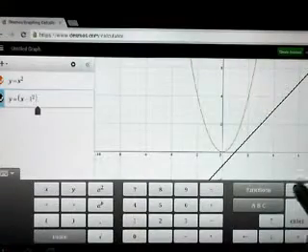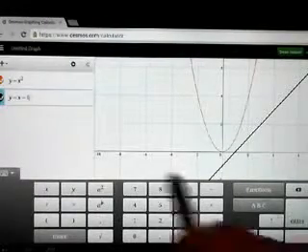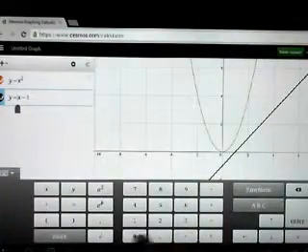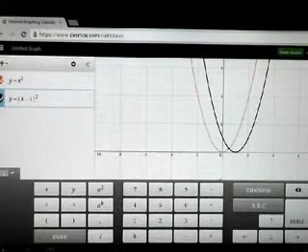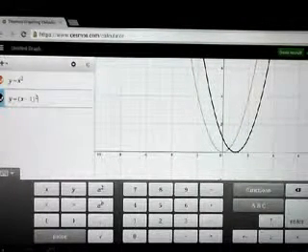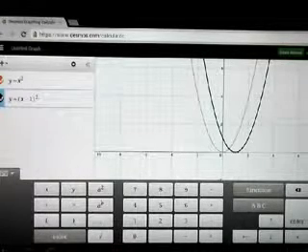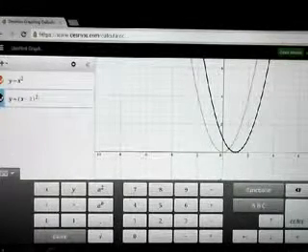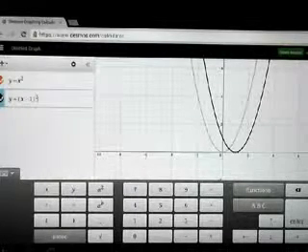It goes over 1. Just like it did with the absolute value one, it moved the opposite direction of the sign that's inside the parentheses. So if I had x minus 1, the quantity squared, does it make sense that it's going to move to the right one? Okay?